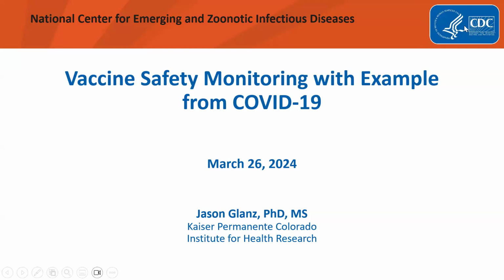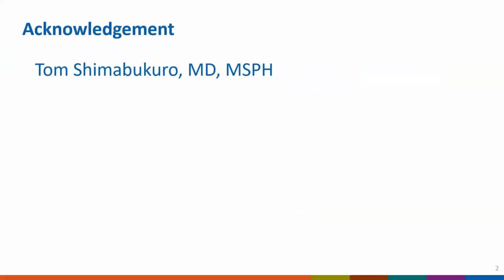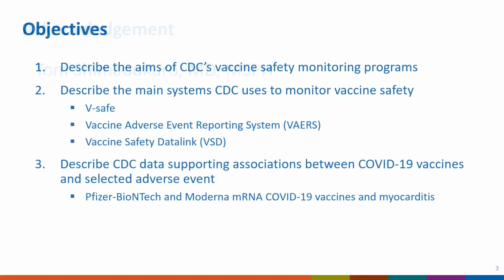Okay, so today I'm going to give a talk on vaccine safety monitoring in the United States with an example from COVID. I'd like to acknowledge Tom Shimabukuro, who is my colleague at the Immunization Safety Office at the CDC, who is a collaborator on this work. The objectives: I'll describe the aims of the CDC vaccine safety monitoring programs.